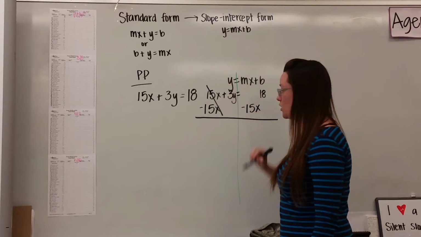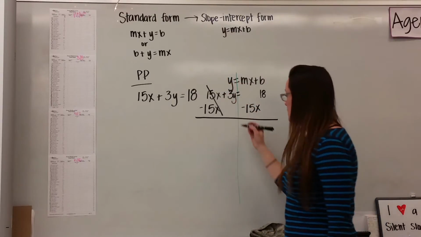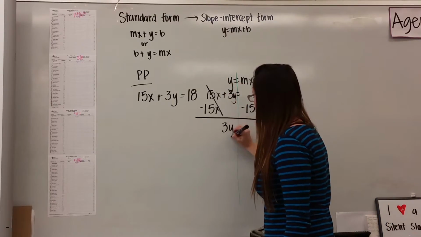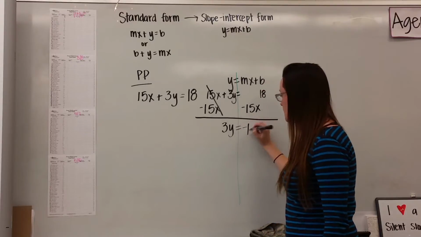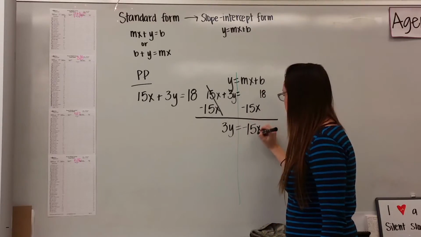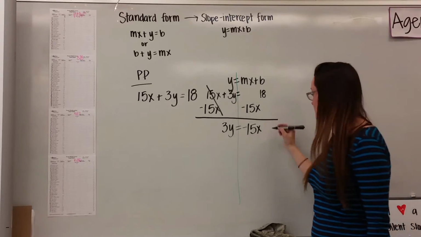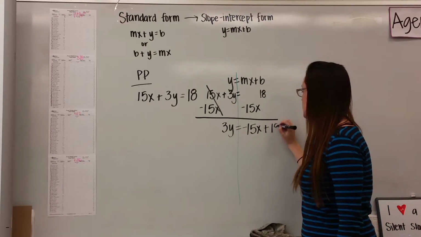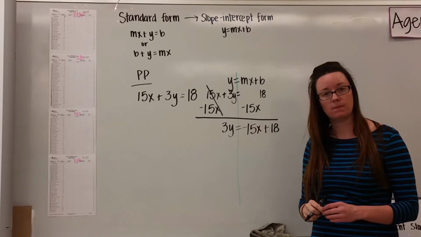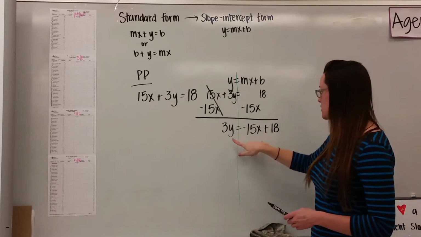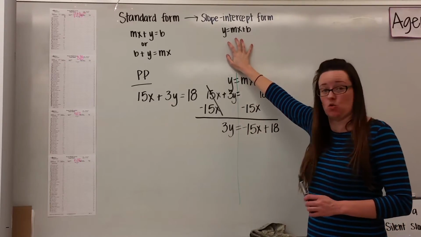That's going to make this guy go to 0. I'm going to have 3y equals negative 15x. Now, this is a positive 18. So when we have a positive 18, that's like adding 18. Okay?